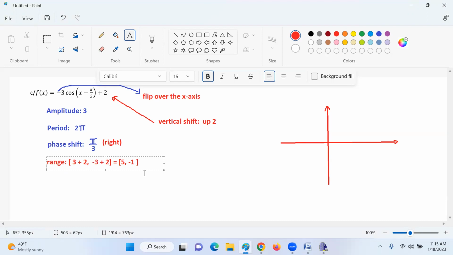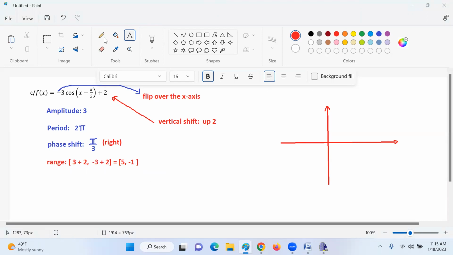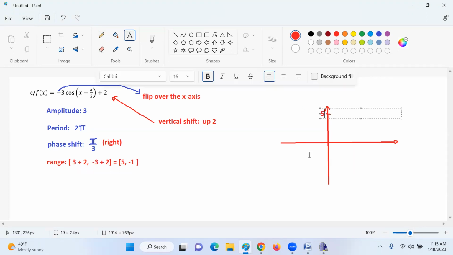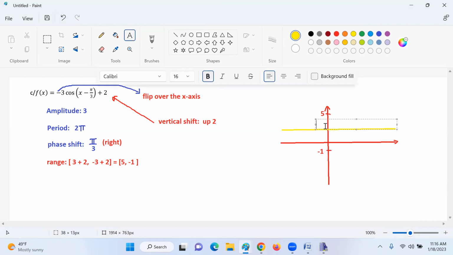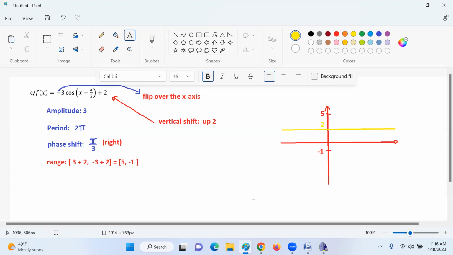Are we good? Is that good, people? So 5, negative 1. And then there's a horizontal line right there. It's going to split up the curve. There's 2. Okay. A shift up 2. We just have to bring the curve up by 2.